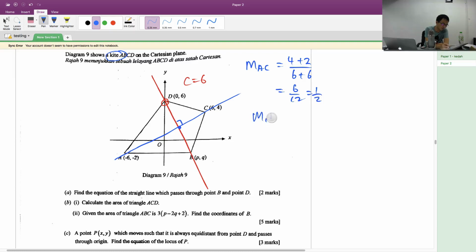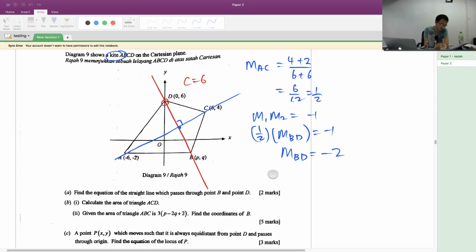And then I will use m1 m2 equals to negative 1 to get the gradient of BD. So 1 over 2 multiply gradient of BD equals to negative 1. So the gradient of BD I can get easily, which is negative 2. Then I know my c equals to 6. So y basically equals to negative 2x plus 6. This is the equation of BD.